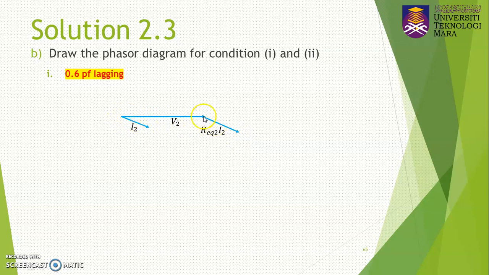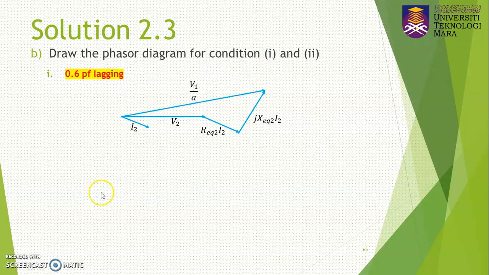And then you can draw your X equivalent 2 multiplied with I2, where it is perpendicular, meaning it has a 90-degree separation here. Finally, you can draw your V1 prime. The V1 prime will be equal to V1 divided by A, where A is the turns ratio. So this is how you draw the phasor diagram.